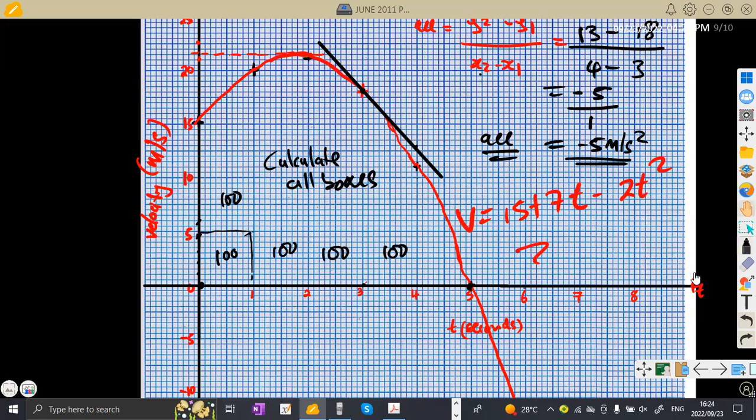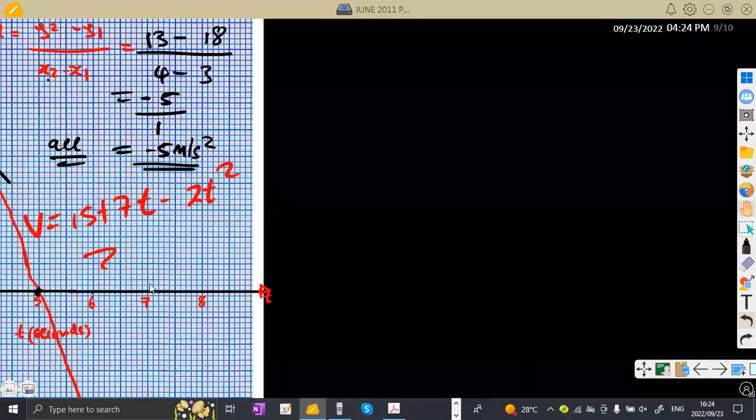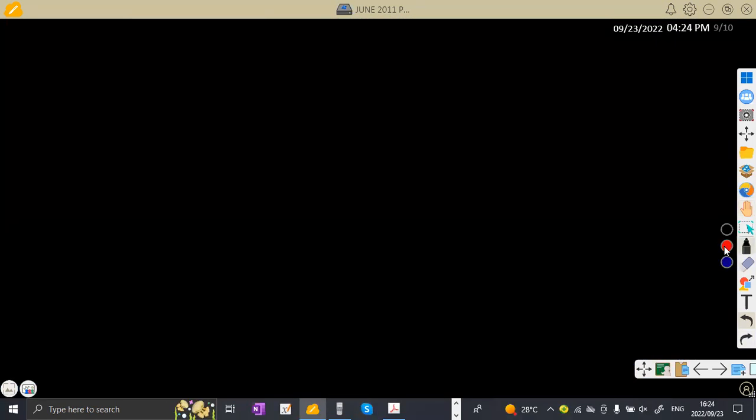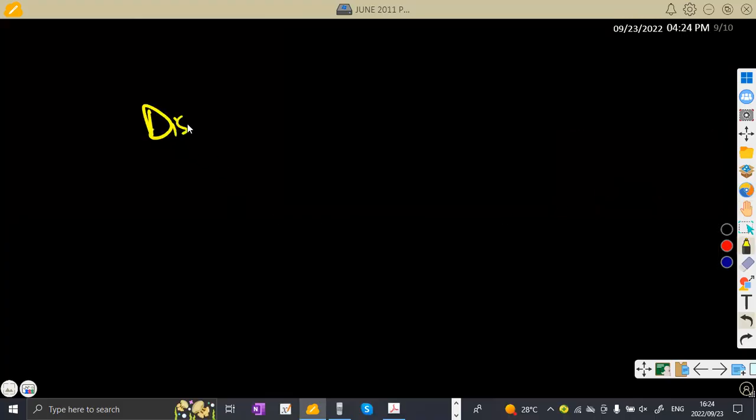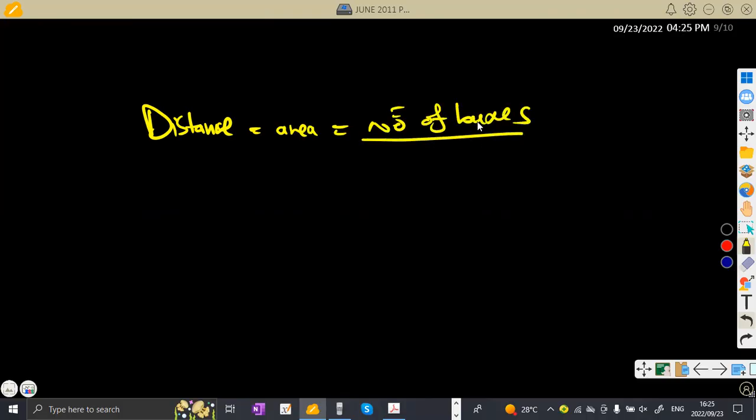So after calculating, how do I then find my distance, which I said is the area? So distance is equal to area. Therefore it is equal to what? The number of boxes that you have calculated over 100, times the area of the unit square.